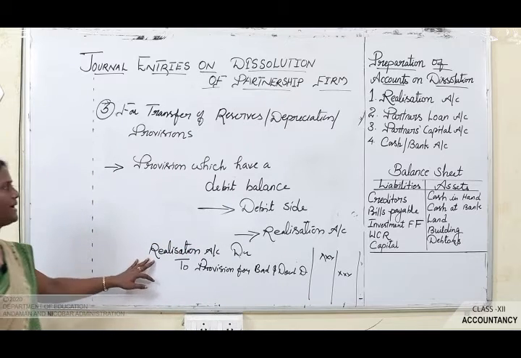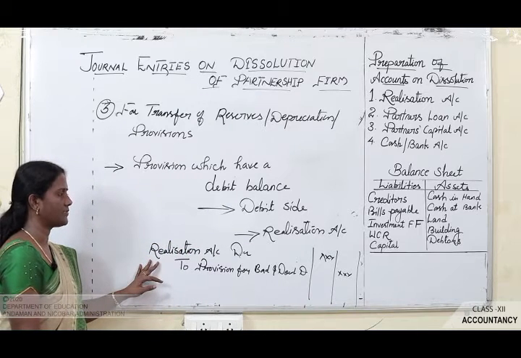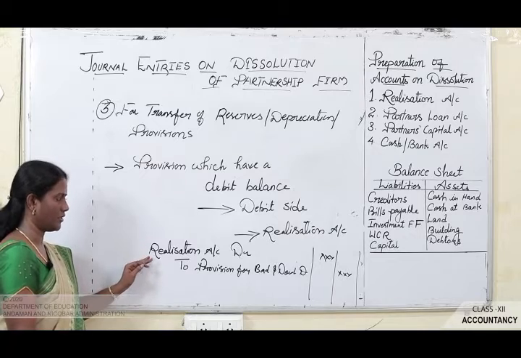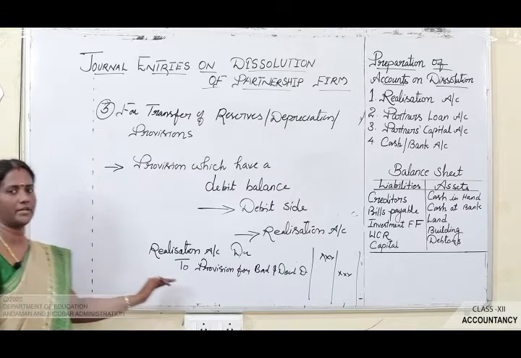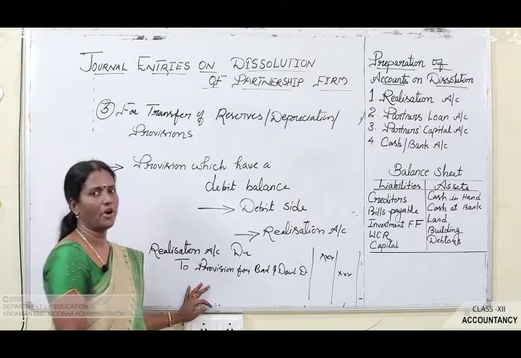So if you have a debit balance of provisions, you have to transfer it to the debit side of realization account, and the journal entry is Realization Account Dr. to Provision for Bad and Doubtful Debts.